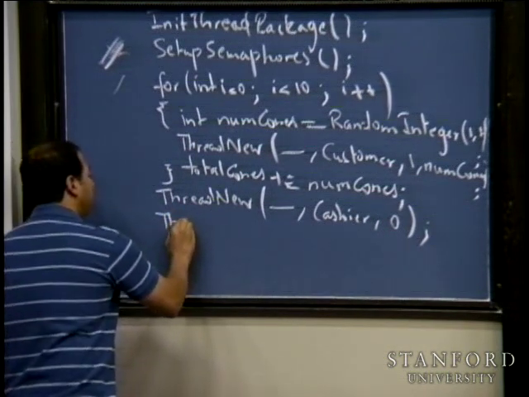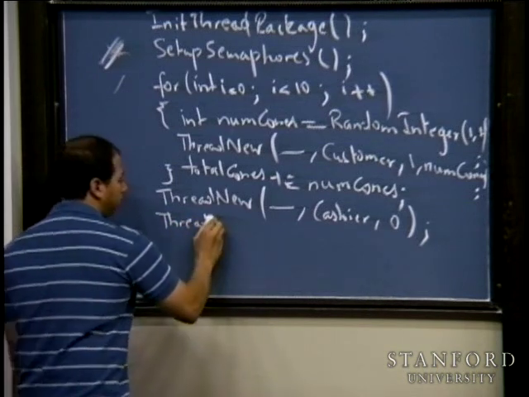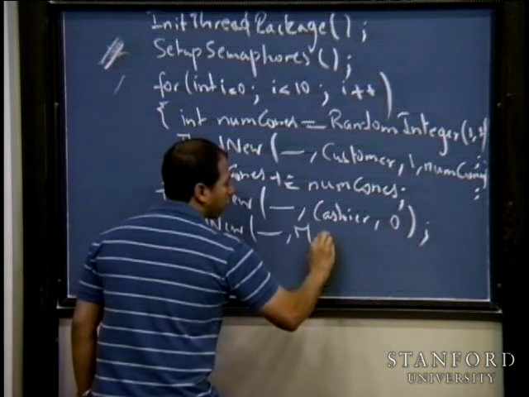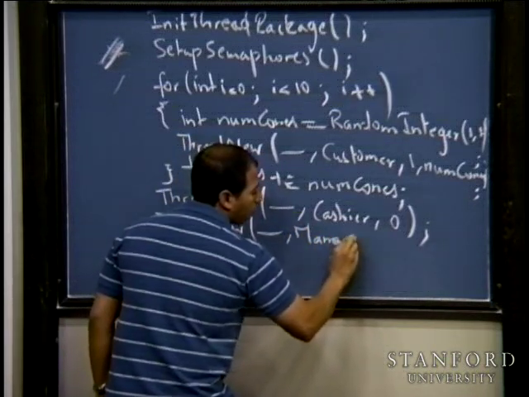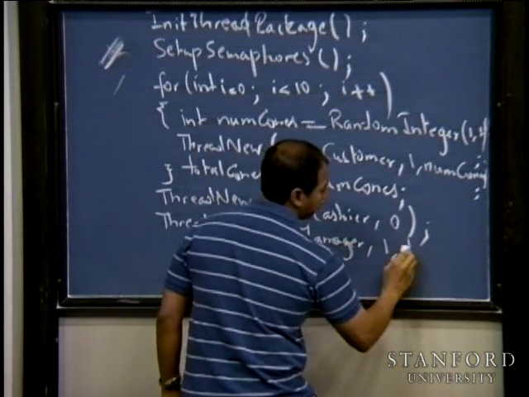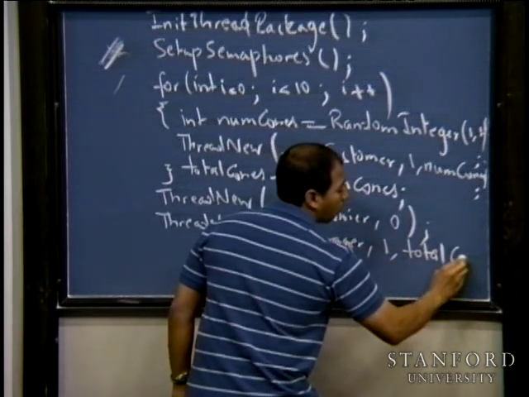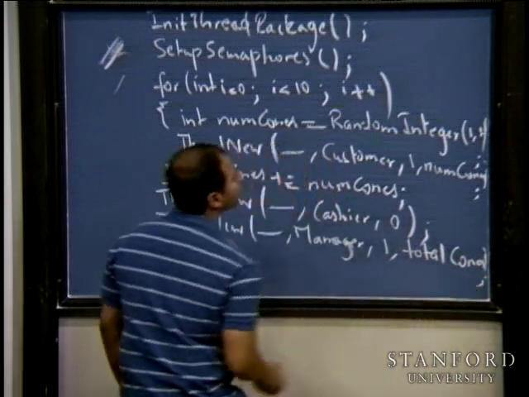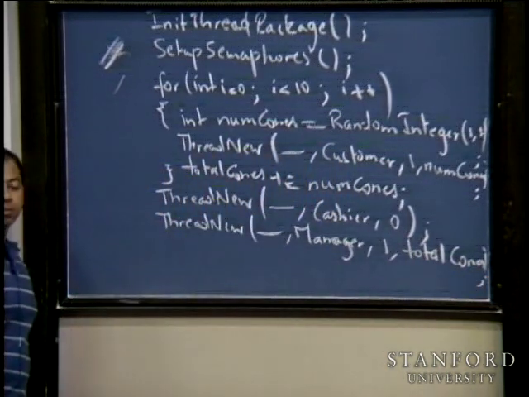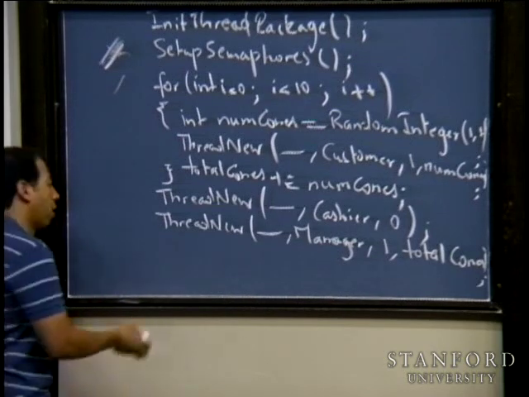So we thread new the manager, and we pass to the manager the total number of cones, which is a single parameter. All right. Now we're done with that. We just run all the threads.